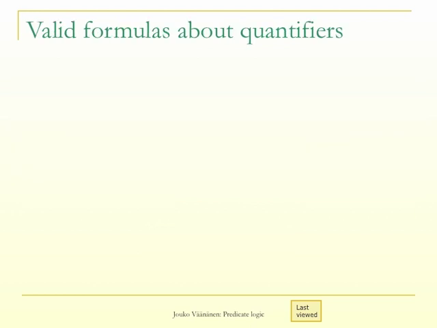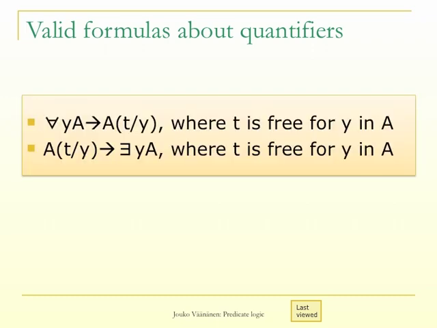Valid formulas about quantifiers. There are two fundamental valid formulas related to quantifiers. The first is for all y A implies A t/y whenever t is free for y in A. So why is this valid? Suppose M is a model and S is an assignment.